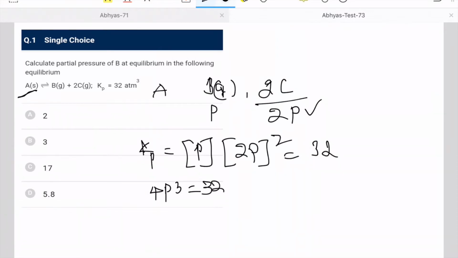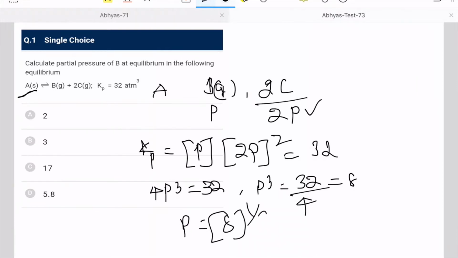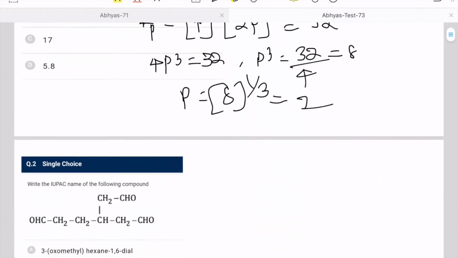So P cubed is equal to 32 by 4, which is 8. P is equal to 8 to the power of 1 by 3, so it is coming 2. So 2 is the correct option. So we'll go to the next question.